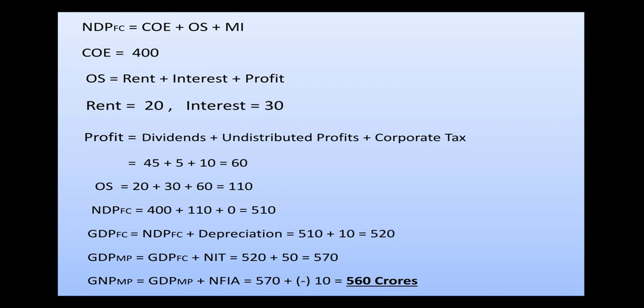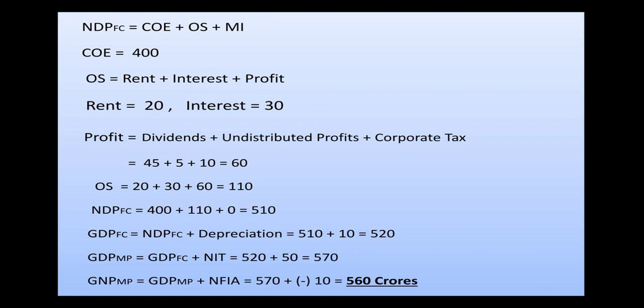Now GDP at factor cost we need to find, so we will add depreciation here. Depreciation is 10, given in the items, so if we add it, it becomes 520. And if we need to find market price, we need to add the net indirect taxes, that is 50. Then GDP at market price comes to 570.